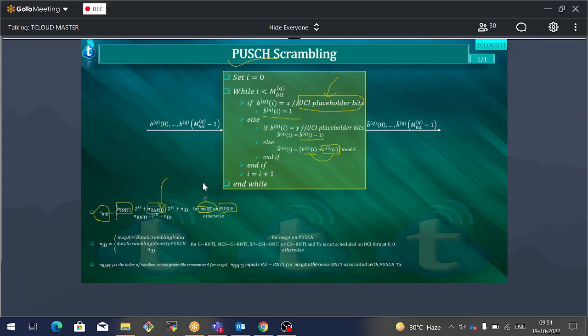We expect even that to fail when your preamble reception fails. That is why they have linked these two things together, and that's why the c_init value, which is used in calculating the scrambling sequence, is linked to this.